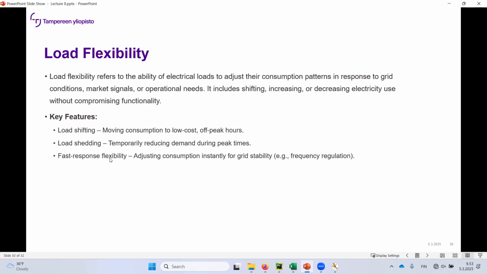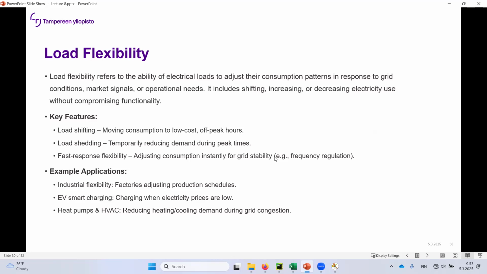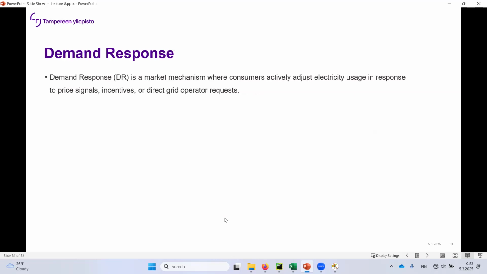Fast response flexibility, adjusting consumption instantly for grid stability. Industrial flexibility, factories adjusting production schedules. EV smart charging. You don't charge during the day when there are peak hours. You charge during the night when it's cheap and there's not too much consumption. And heat pumps and air conditioning, for example.